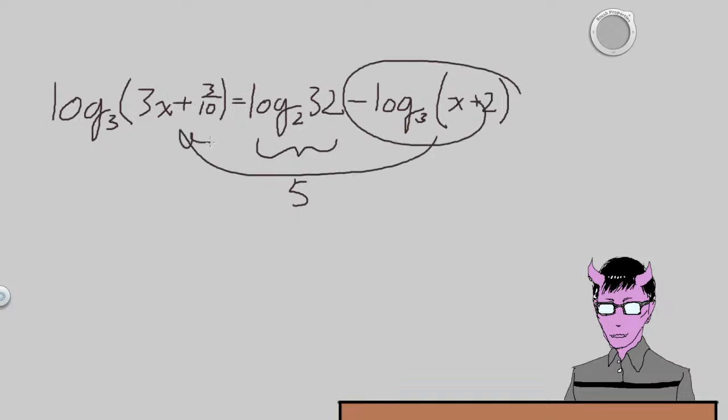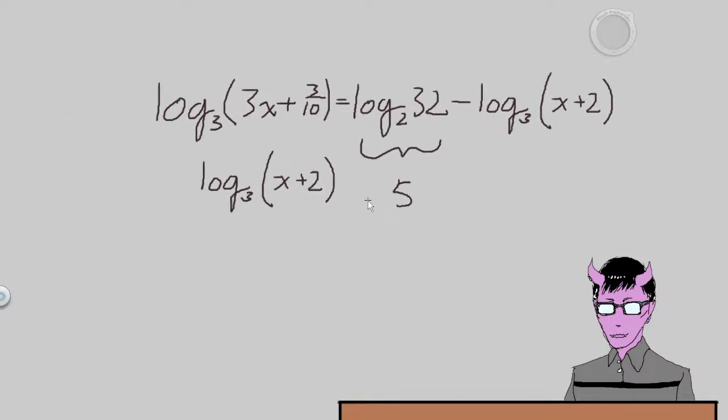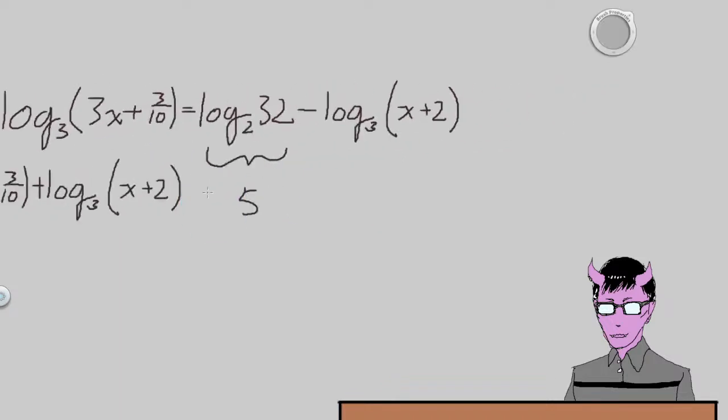This one we're going to move to the other side by adding it to both sides. Just moving things around real quick. So that's a plus, and the equal sign remains right there.